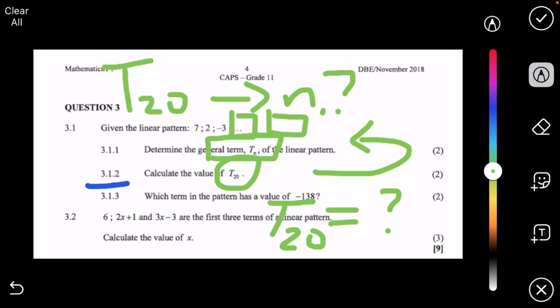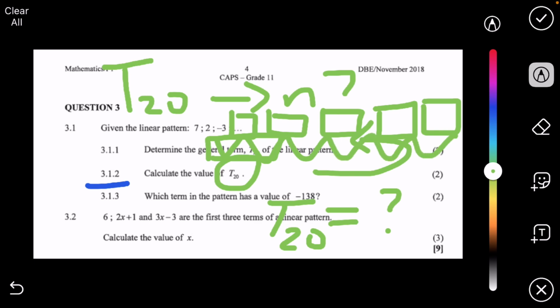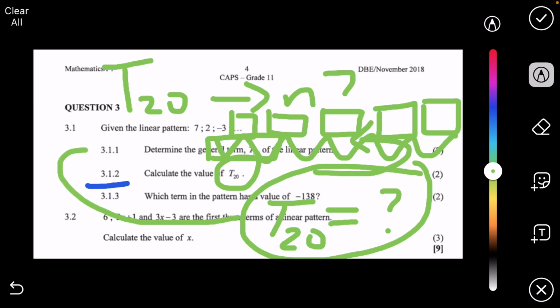Ladies and gentlemen, you can do that manually, but in this case, because you'll have to add that difference repeatedly until you get to term number 20, it might take you forever. That's why you need to use the formula to calculate term 20, because on the first question you have already determined the general term of that given linear pattern.